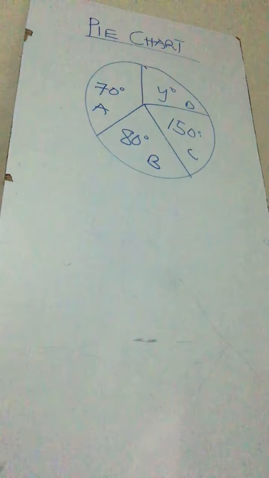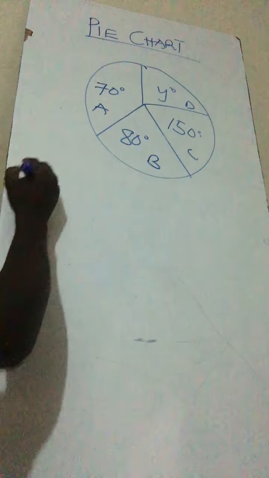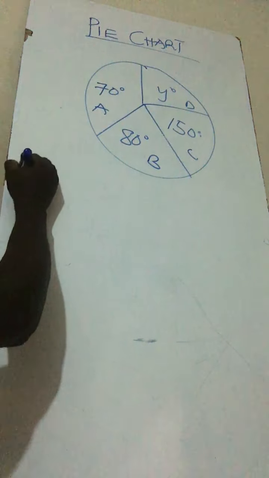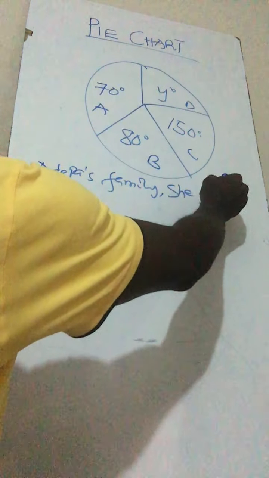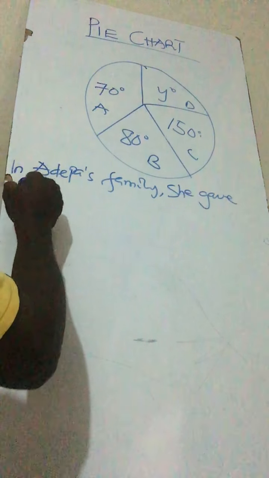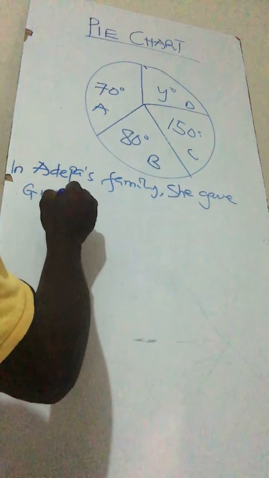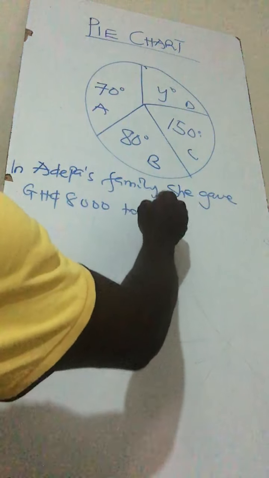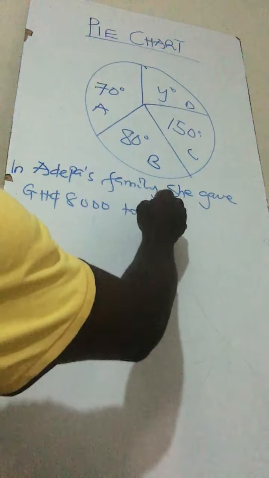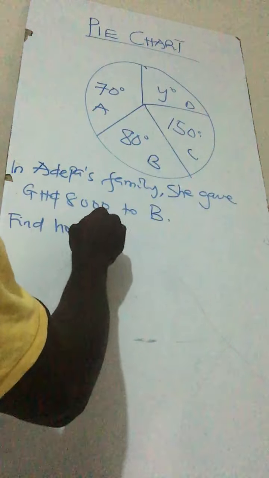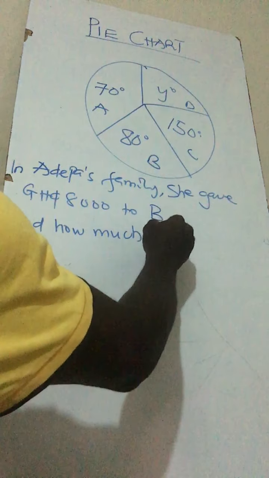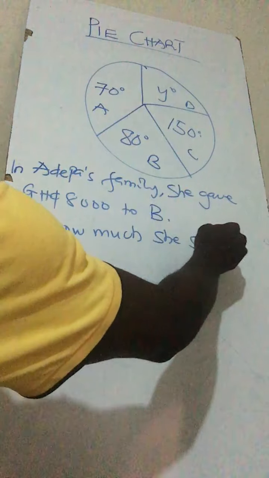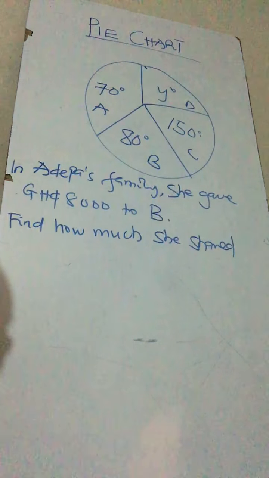Now let's say in Adipose family, now she gave 8,000 to B. Find how much she shared.